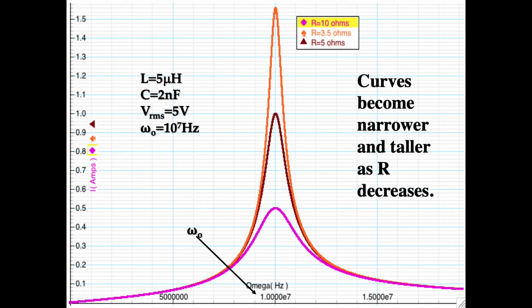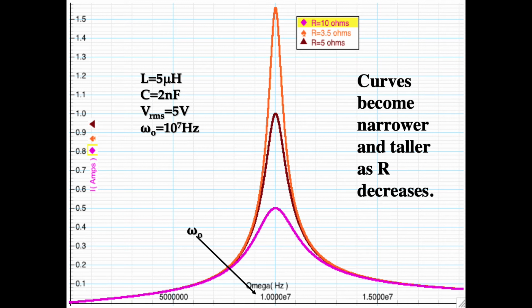What you find is if you vary R, each one of those graphs I varied R, as R gets smaller, then the graph narrows. The peak is very narrow. Okay, as R gets smaller, the peak gets narrower. And the peak of that graph occurs at the resonance frequency.